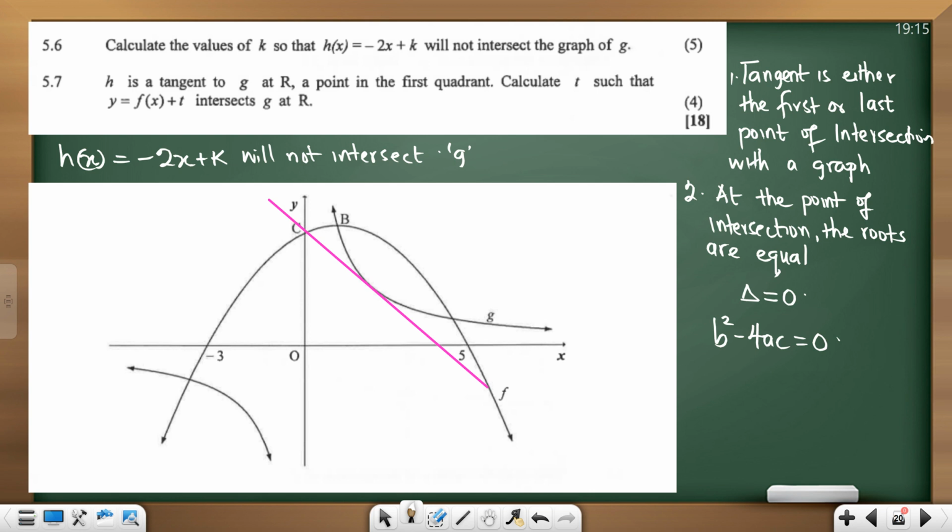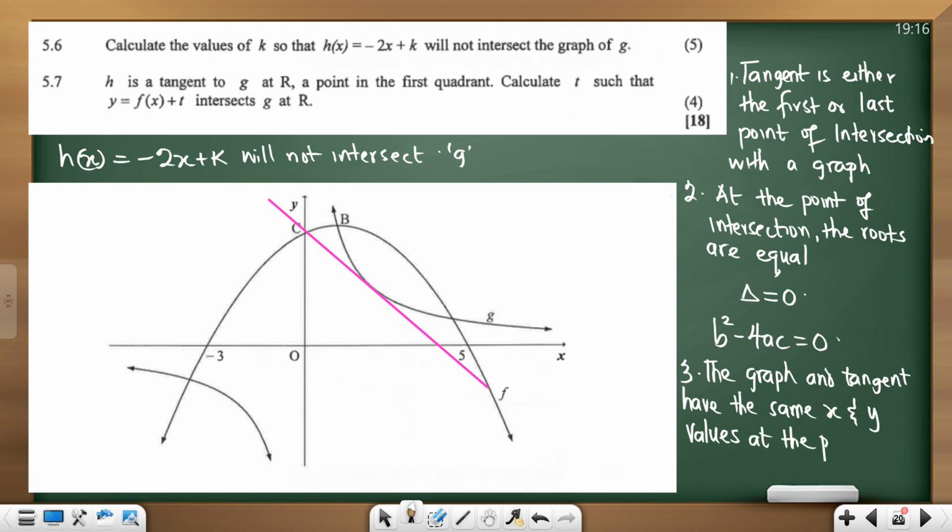At the point of intersection, the roots are equal. The discriminant is equal to 0. It means they have the same value of x and they have the same value of y. All right. Graph and tangent have the same x and y values at the point of intersection.